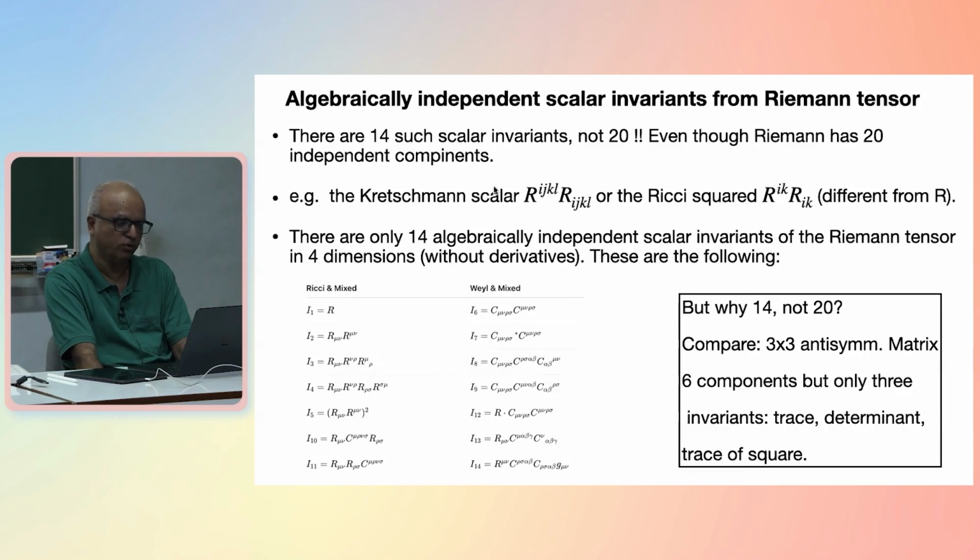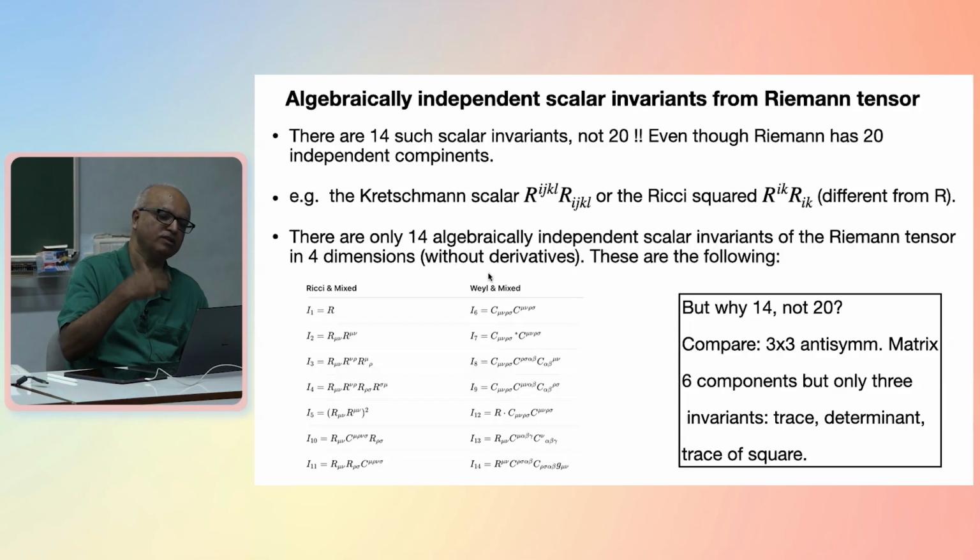But interestingly, you cannot make 20 scalars, you can only make 14. There is some mathematics there. These scalars obey some differential identities. I don't have expertise on that. But only as recently as 1991 was a proper classification made of these 14 so-called algebraically independent scalar invariants of the Riemann tensor.